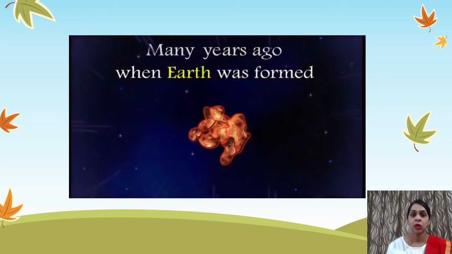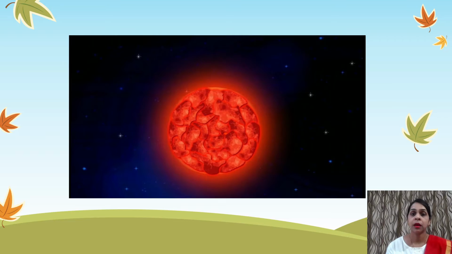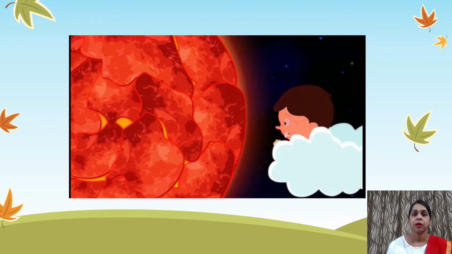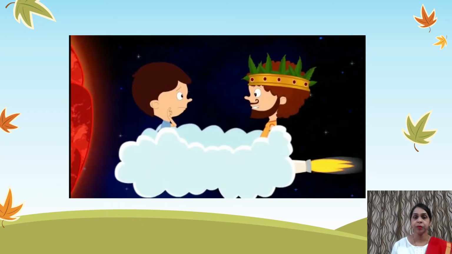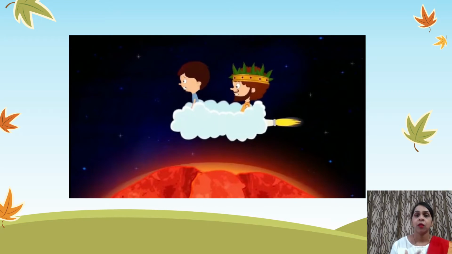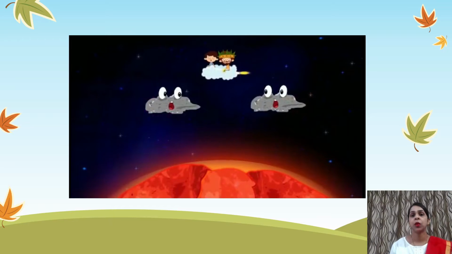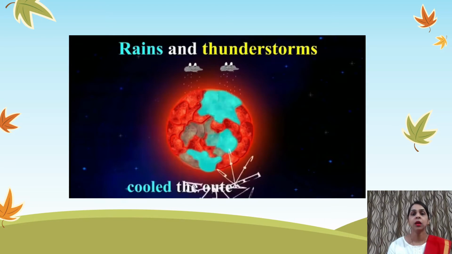When the earth was formed, as you can see, the earth was very hot and nobody lived there. Because of these hot temperatures, the vapor slowly condensed and formed clouds. It brought rain and slowly cooled down the earth.